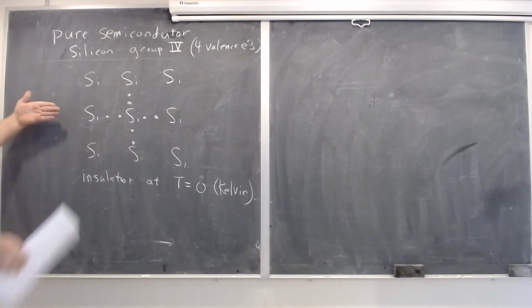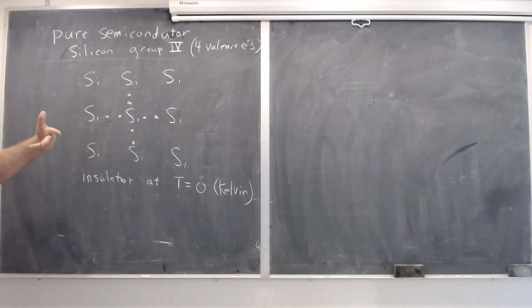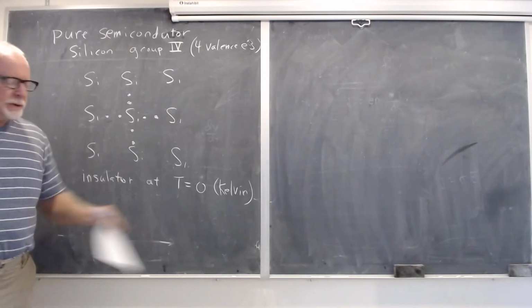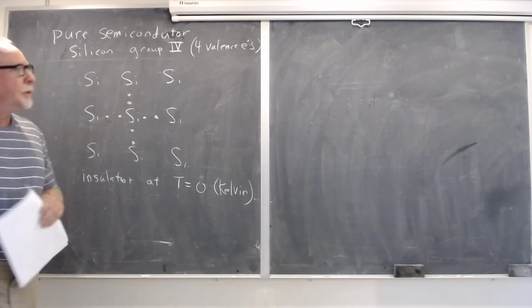And so if I put an electric field on this solid at 0 Kelvin, none of these electrons are going to move. Now we'll talk about in a little bit what happens as you raise temperature, but let's keep the picture at 0 Kelvin here so we can explain doping.